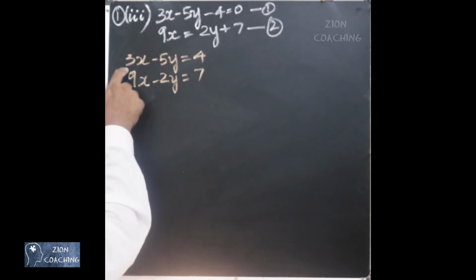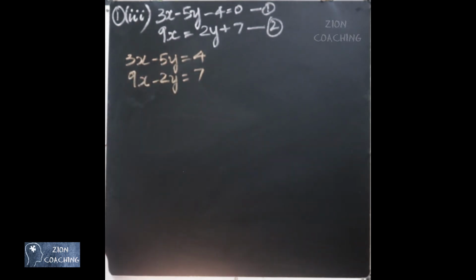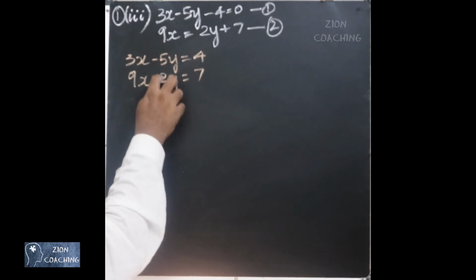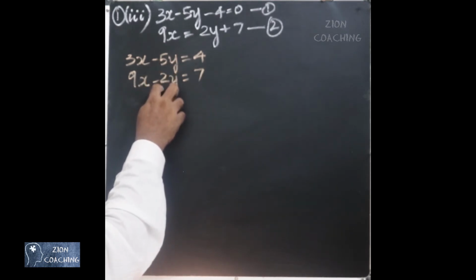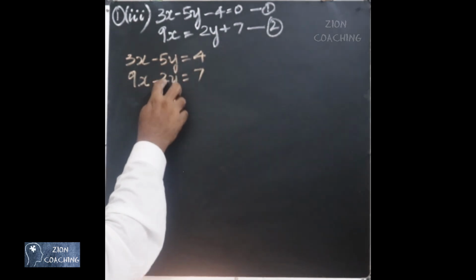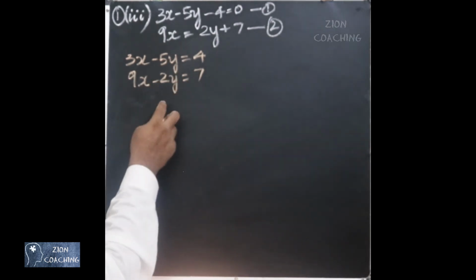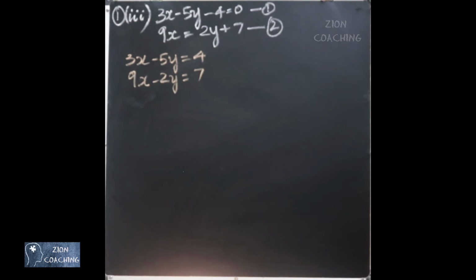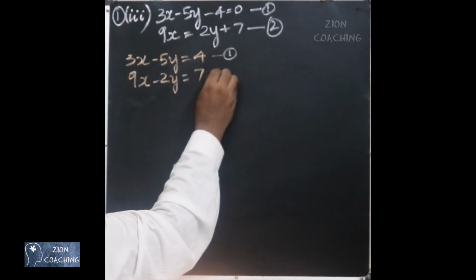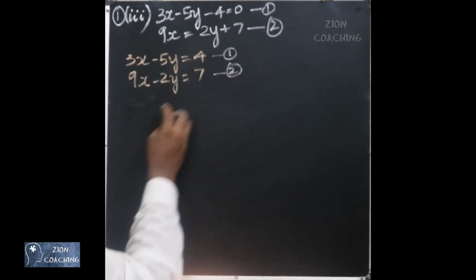Either you can eliminate x or y using the elimination method. I am going to eliminate y, but when I am eliminating y, the coefficients should be equal. So I am going to multiply my first equation by 2 to get 10 and my second equation by 5 to get 10, so that we will have 10 in both the cases. This is our first equation rewritten, and the second equation rewritten.